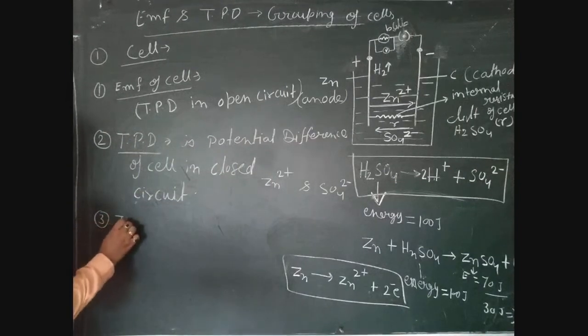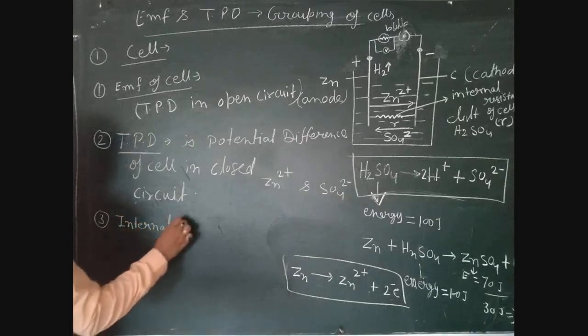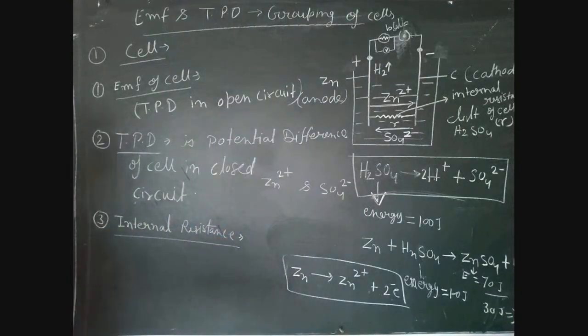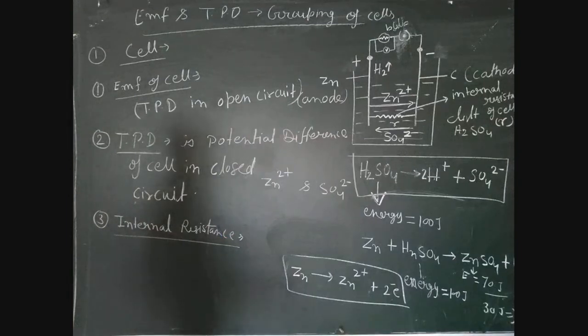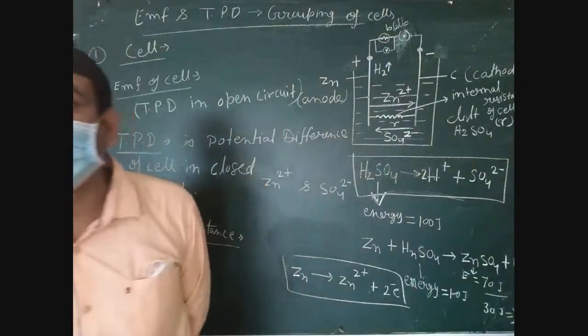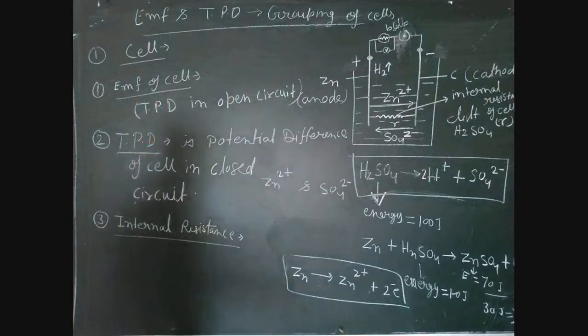Now, the third one is internal resistance. The internal resistance of a cell is defined as the resistance offered by the electrolyte and the electrode of the cell to the passage of electric current through the cell.